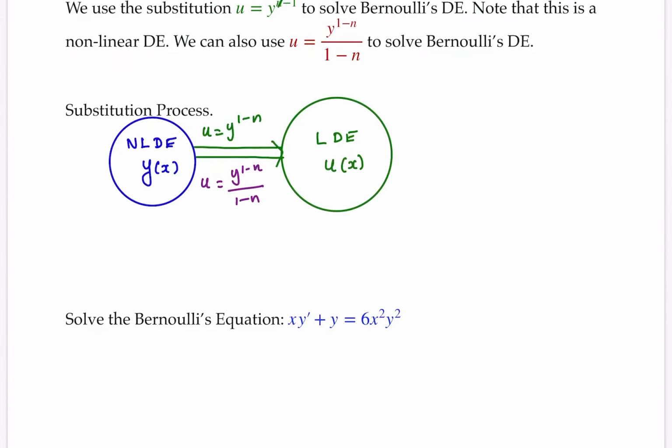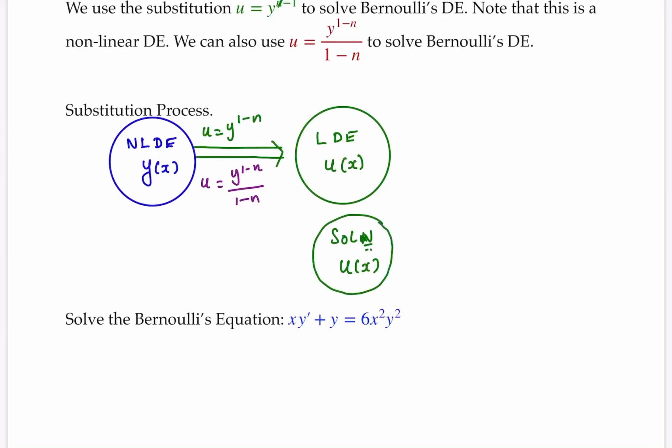Once you do that method, we're going to have a solution, and that solution is going to be u of x. Now what we are going to do afterwards is the resubstitution.